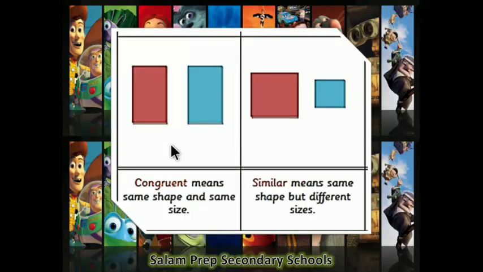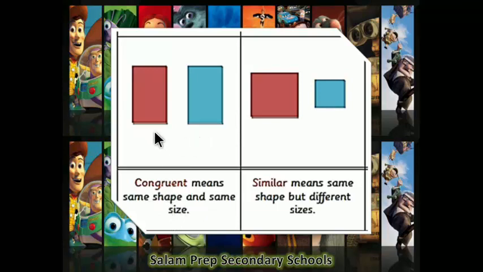Look with me. These are two shapes. This shape is a rectangle. This shape is a rectangle. These two shapes are congruent. Congruent means same shape and same size.